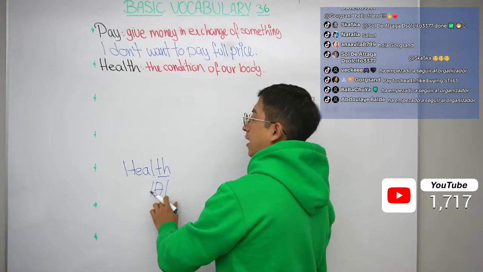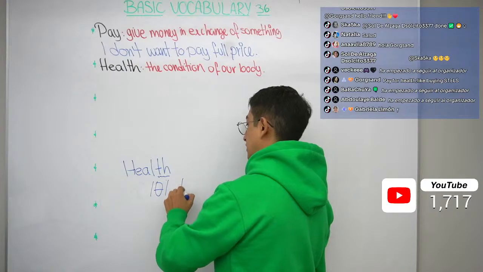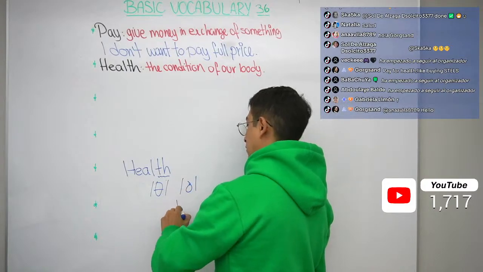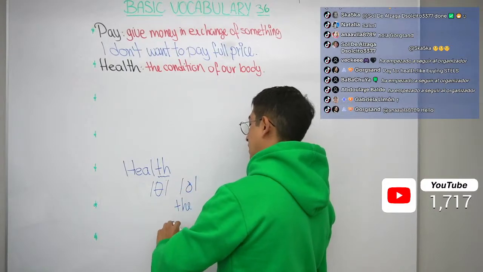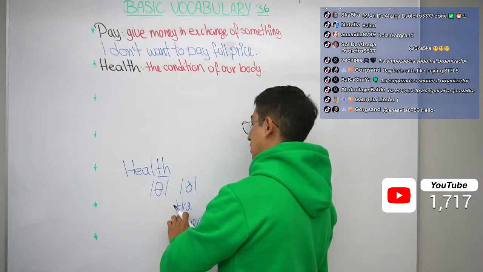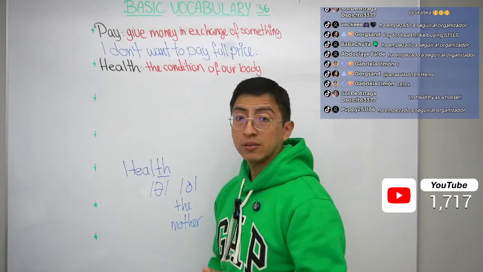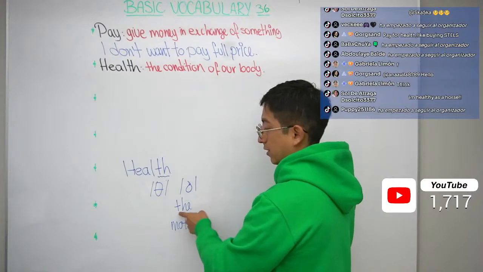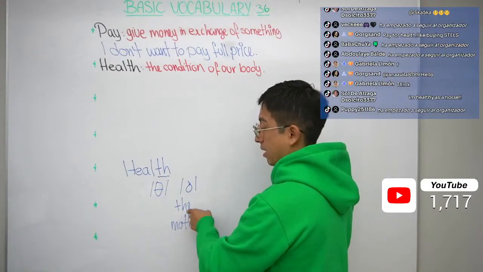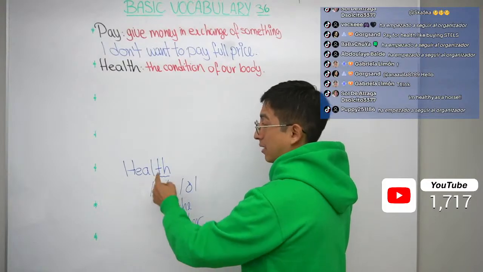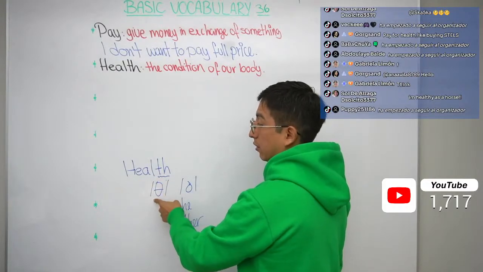We have a sound similar to a D, like for example, this, the, mother, father, there, this. We can use a D sound here. Mother, the mother, the.